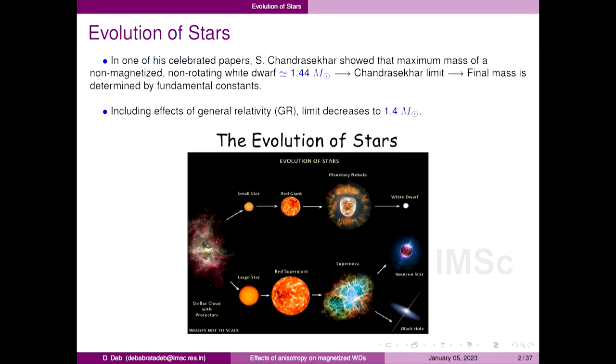As a result, the red giant removes the outer layer by forming a planetary nebula, and it leaves behind a carbon core, which is actually a white dwarf.